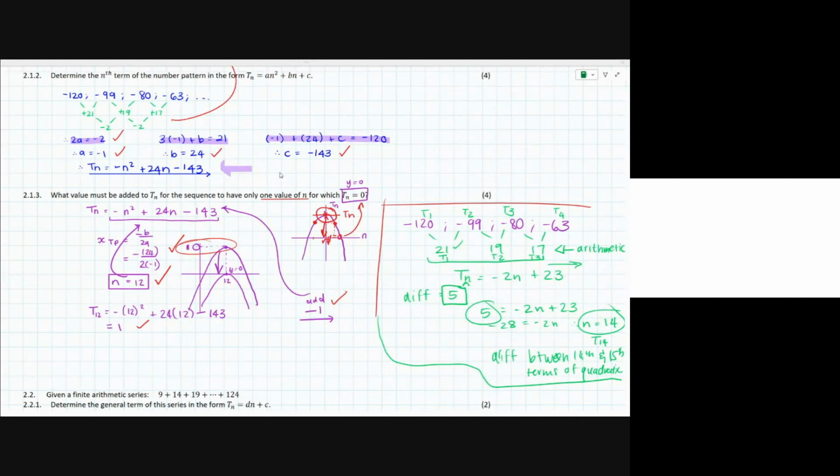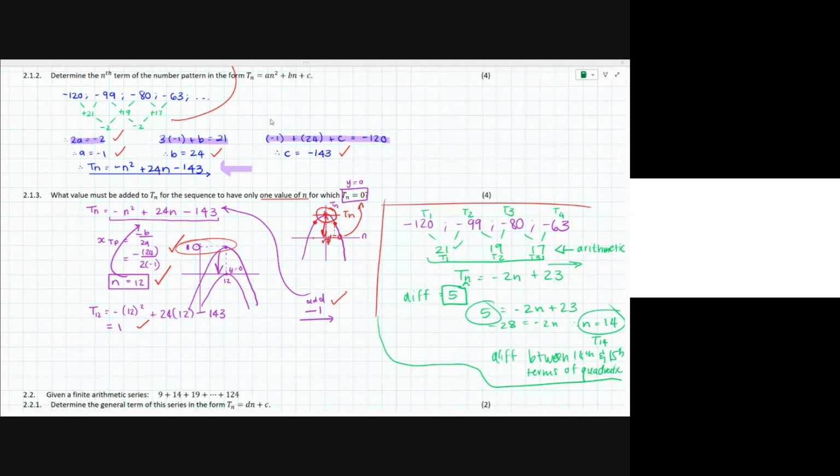So last year, let's see. Last year, I'm pretty sure it was a quadratic question because I remember distinctly trying to figure it out. Yeah, so last year's question was to do with a parabola.